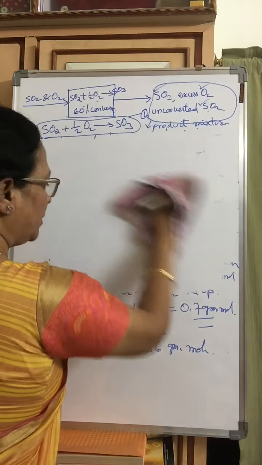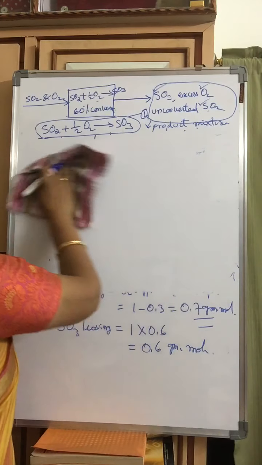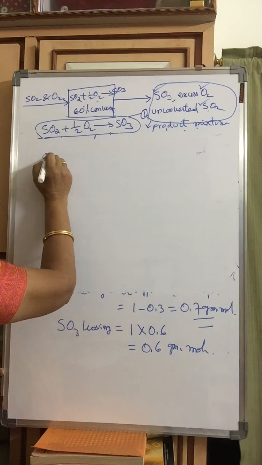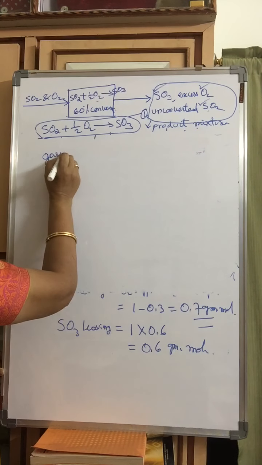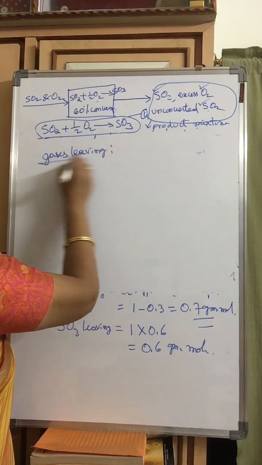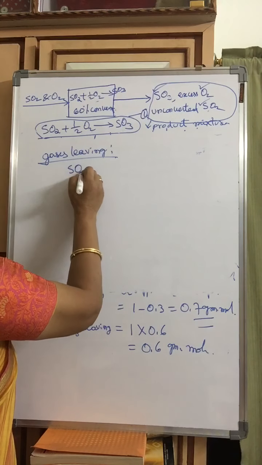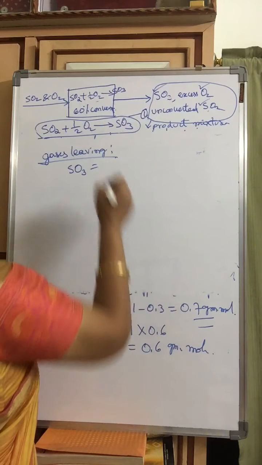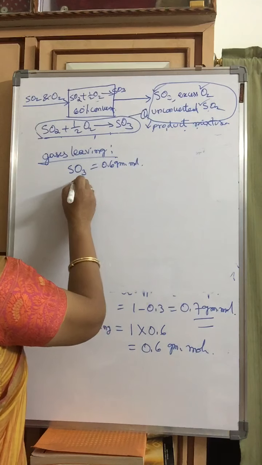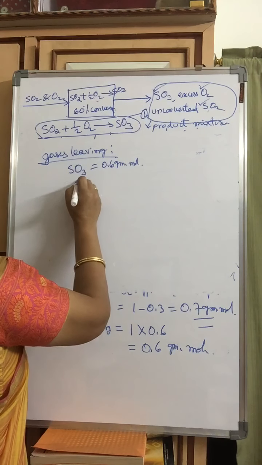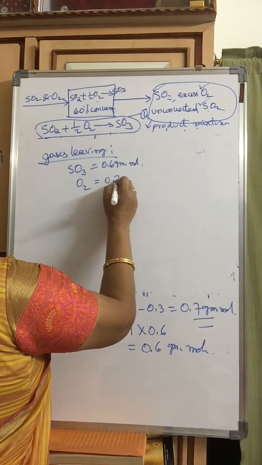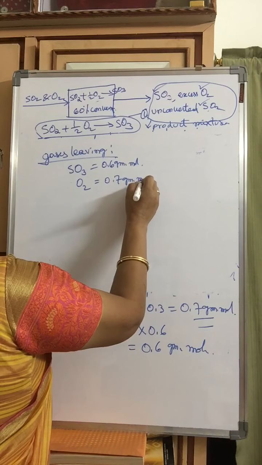Now we shall list out the moles of each component. Gases leaving: SO3, 0.6 gram moles. Oxygen, 0.7 gram moles.